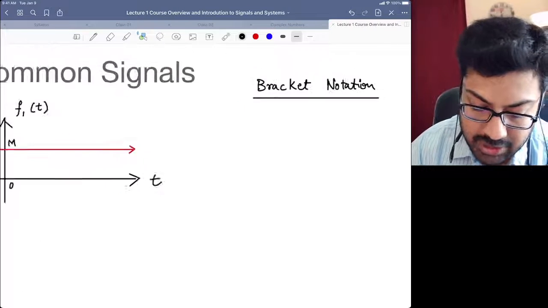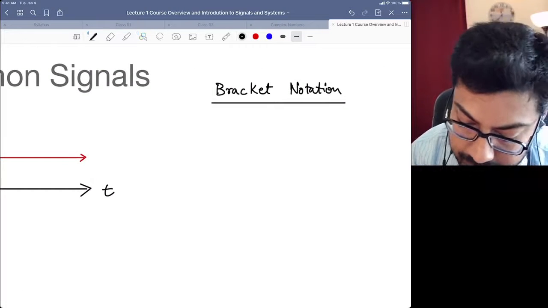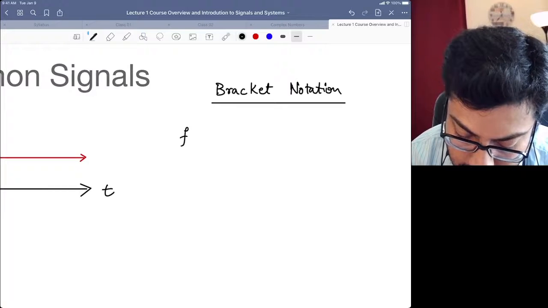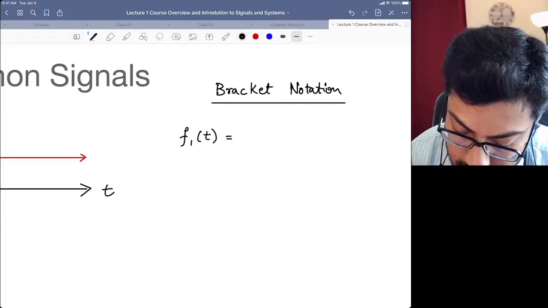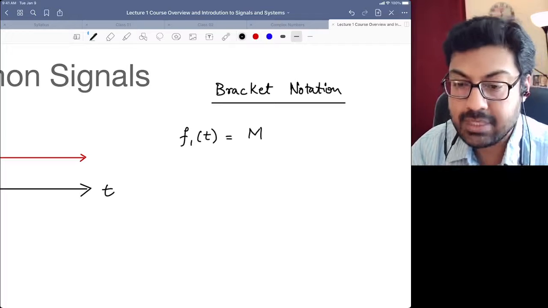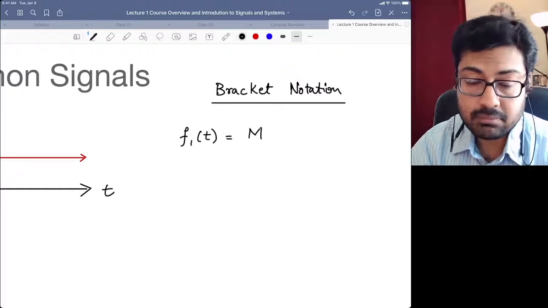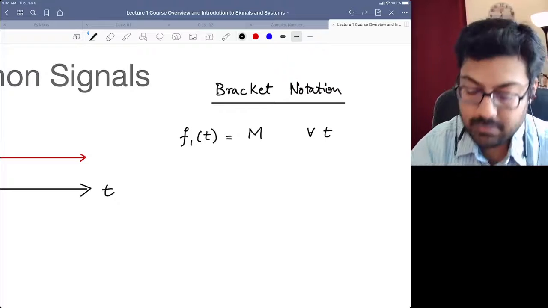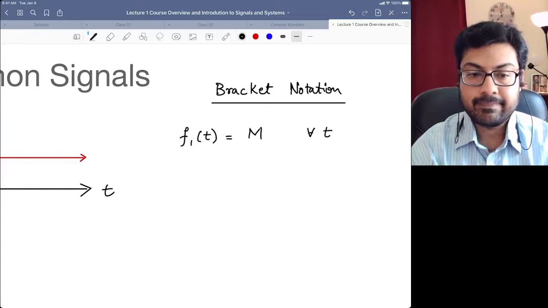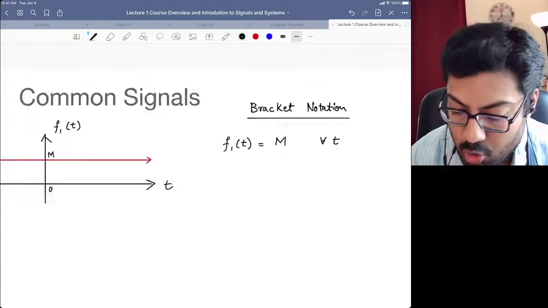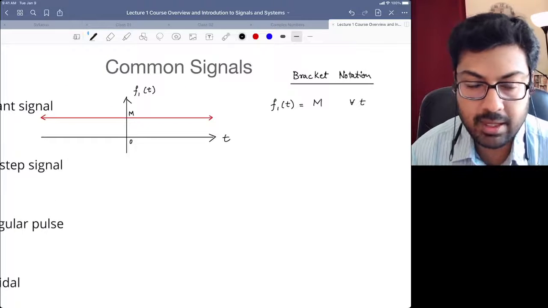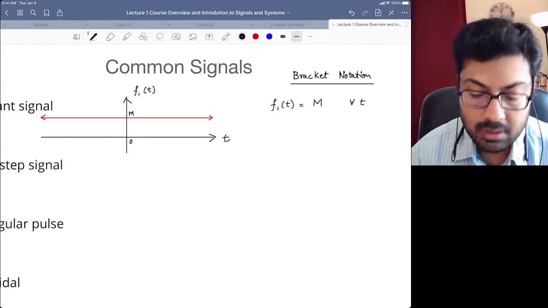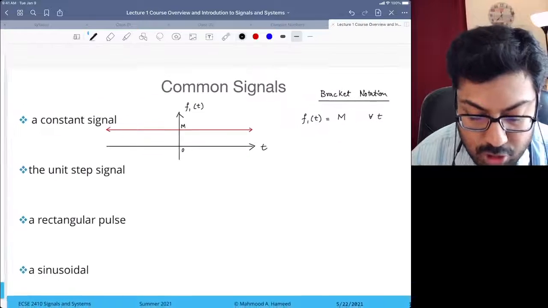So for the bracket notation, what do I have? f1 of t equals m independent of time for all t. Right. So there's no bracket here. There is just one value m. So that's your constant signal.